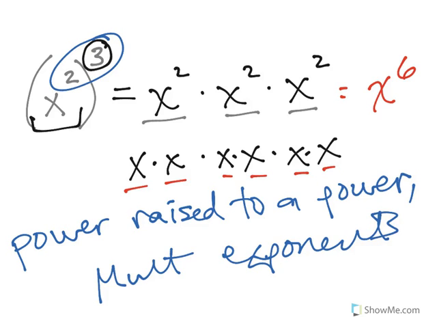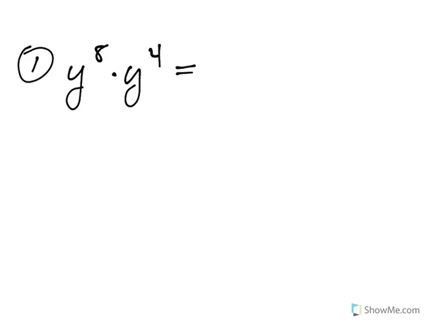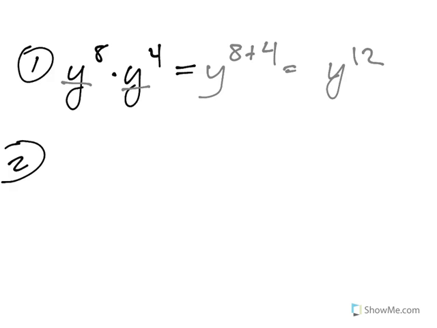Okay, I'm going to do 3 quick examples just to show this. First example, I'm going to take y to the 8th times y to the 4th. I multiply, same base, so I add. 8 plus 4, my answer is y to the 12th. If I divide, let's do m to the 12th divided by m to the 7th.